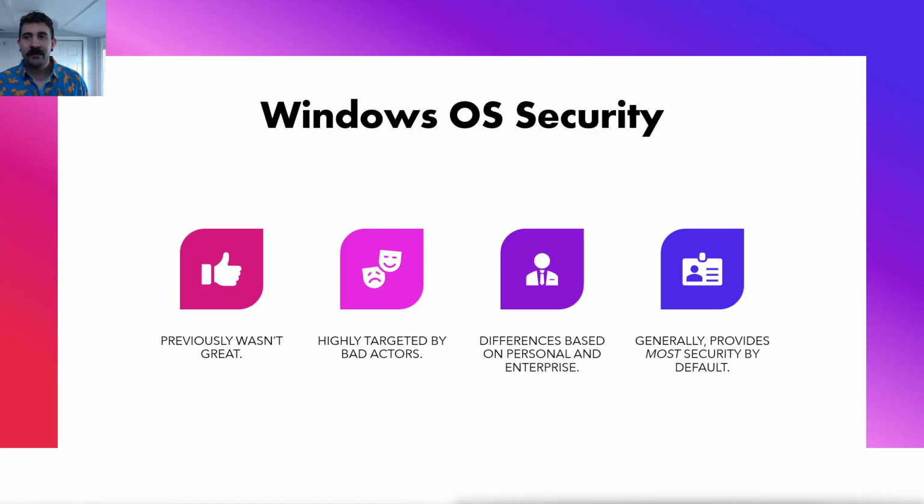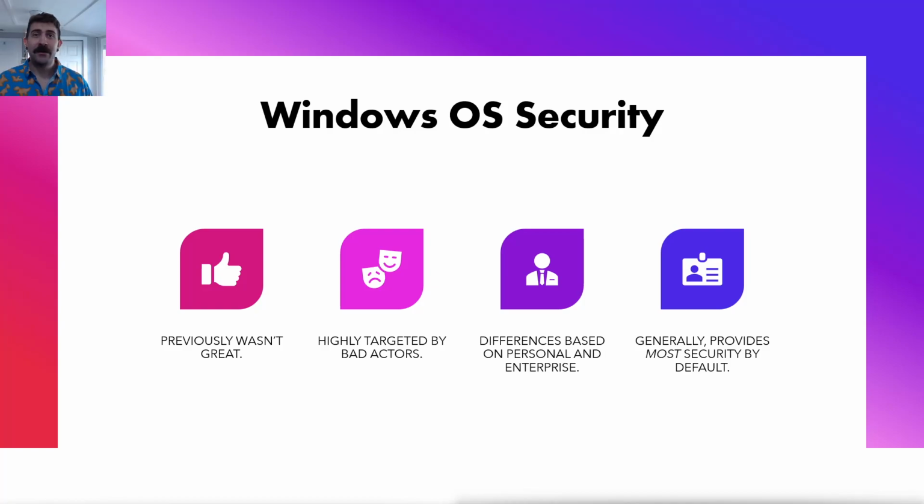And one last thing, as well: generally, a new Windows computer in this modern day will provide most of the security that is needed by a user by default, really. You might still want to turn on some specific settings or maybe even turn them off. But for most, again, that 90% population, it's going to be fine.